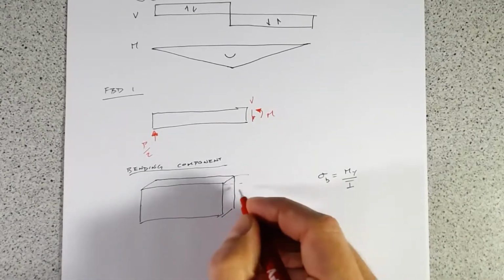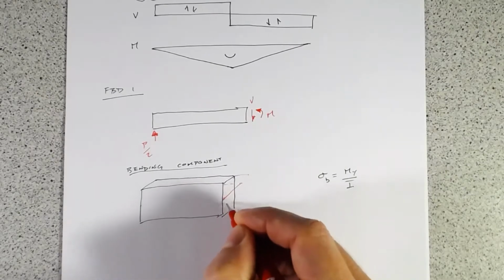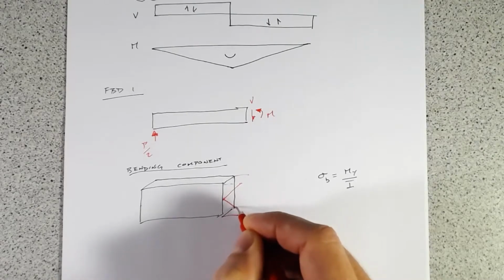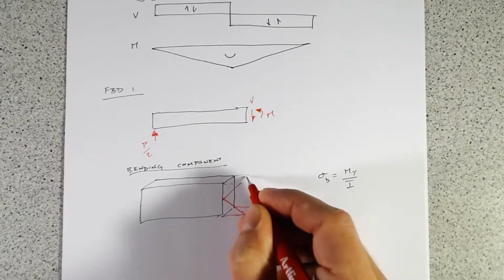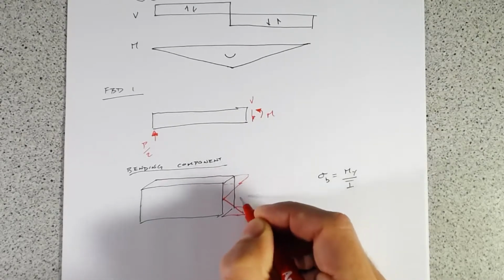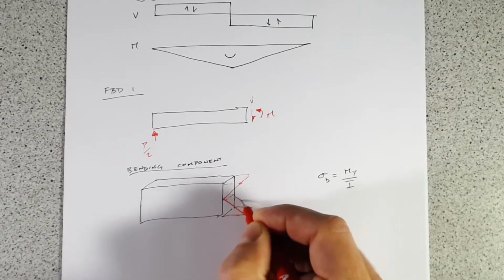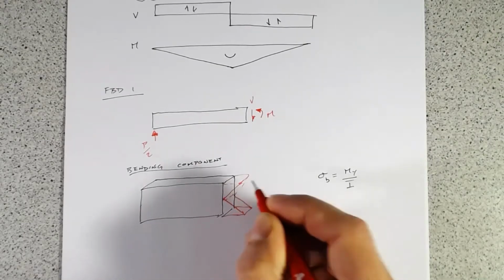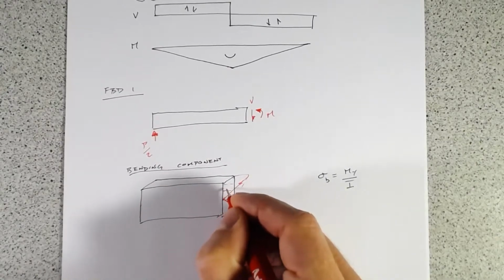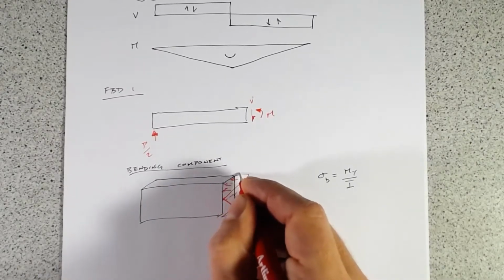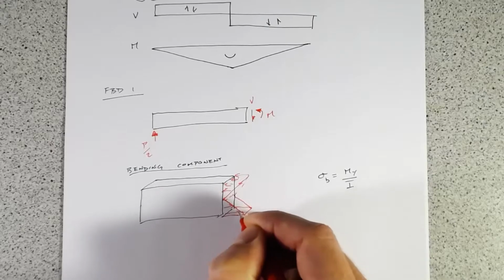So we know, and we've already learned this, that it's going to be a maximum at the extreme fibers, and then it will come to 0 at the neutral axis. There'll be compression in the top and tension on the bottom.